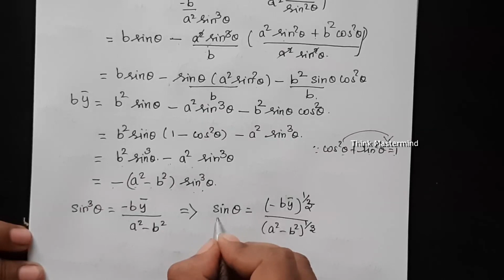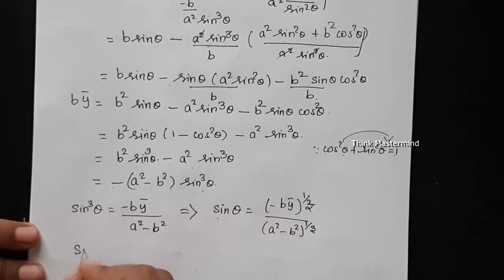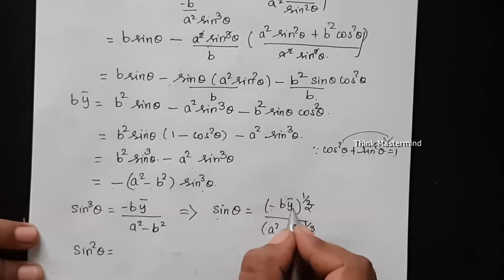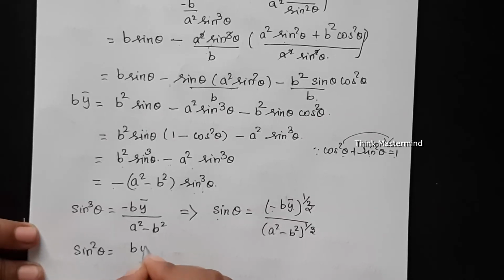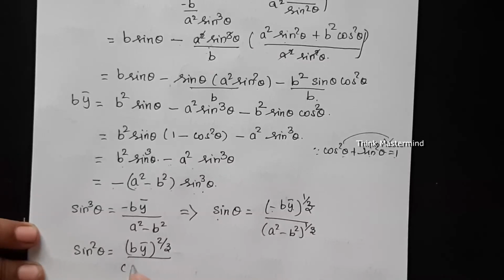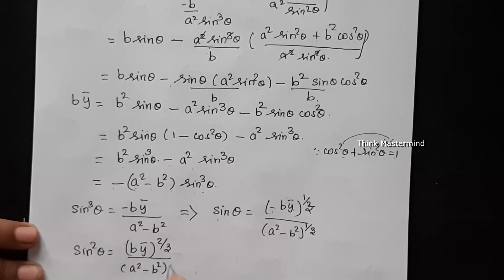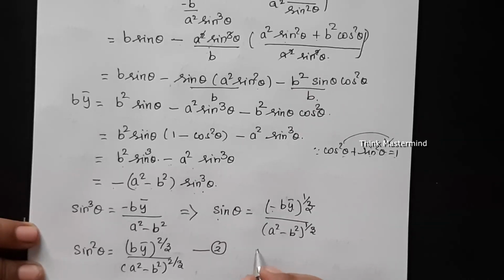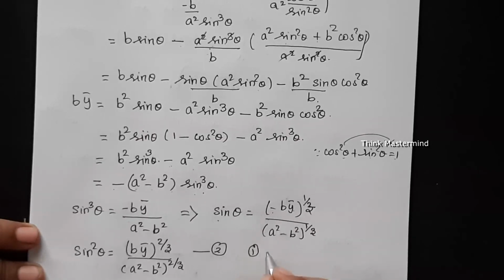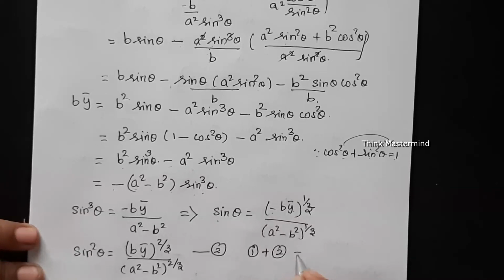I want to find what is the sin square theta. Squaring this term, it will become positive. Therefore sin square theta is (b y bar) whole power 2 by 3 divided by (a squared minus b squared) whole power 2 by 3, that represents equation 2. Now you can use the identity sin square theta plus cos square theta is equal to 1.